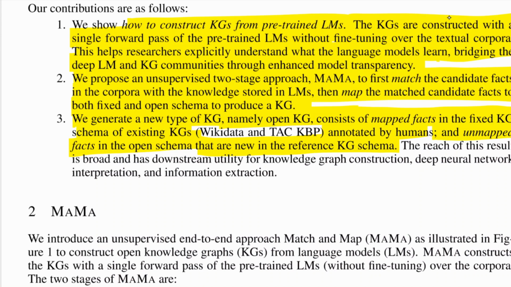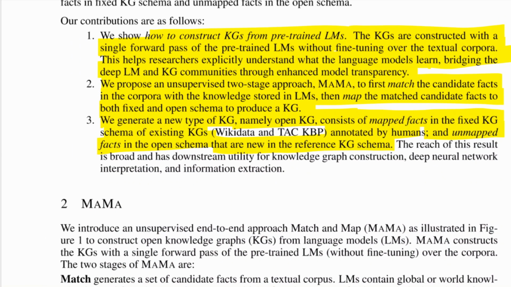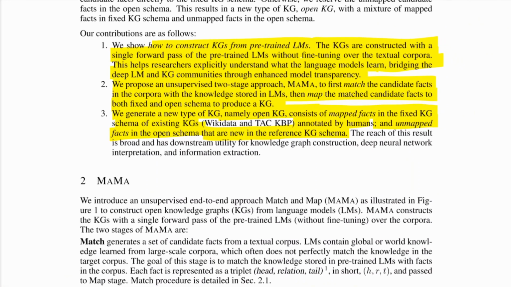So what they claim here is that their system finds these new relations that don't even exist in the schema and is able to build new additional schema entries. And they call this the open knowledge graph. I'm a bit skeptical of this, as we're going to see.